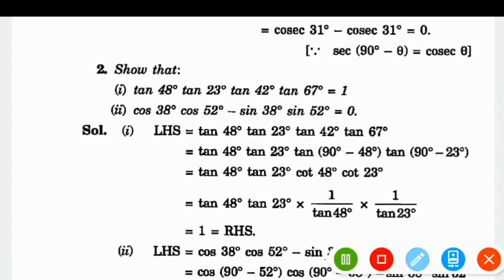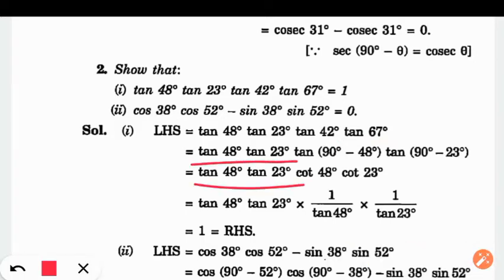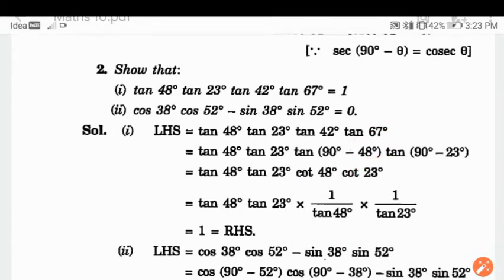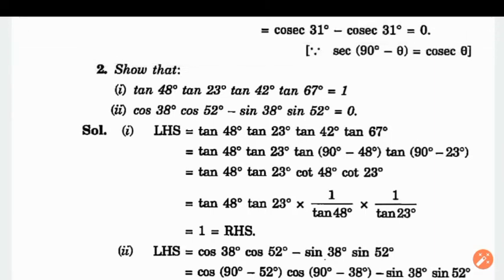Now apply the formula. The first two are as they are. Tan 90 degree minus theta, here theta is 48, gives you cot theta, the formula. Tan 90 degree minus theta, here theta is 23 degree, gives you cot 23 degree.